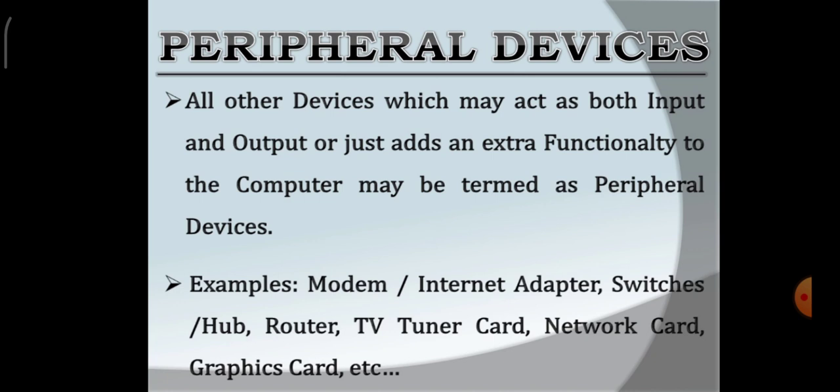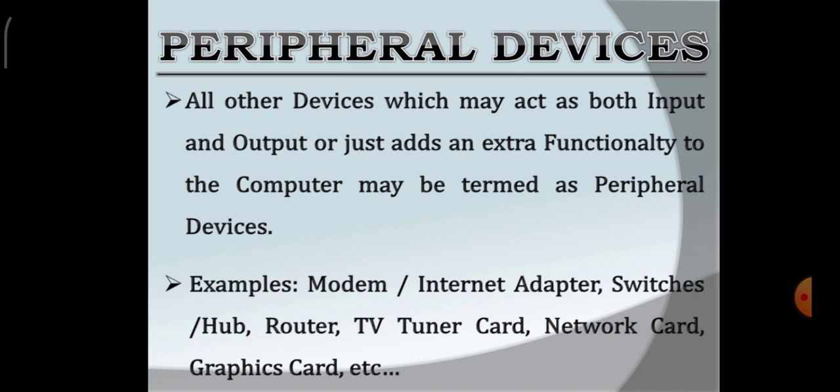Peripheral devices. All the other devices which may act as both input and output, or just adds an extra functionality to the computer, may be termed as peripheral devices. Example: modem. Modem, as you know, it is used to get the internet connection. It is modulator and demodulator.